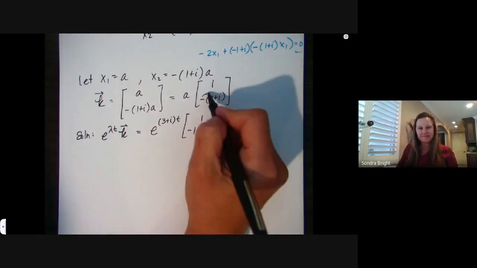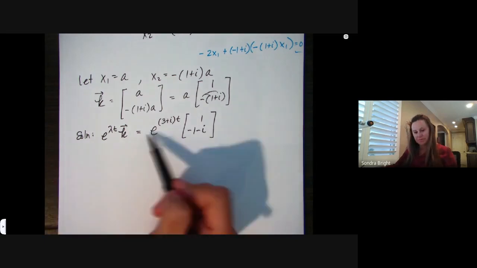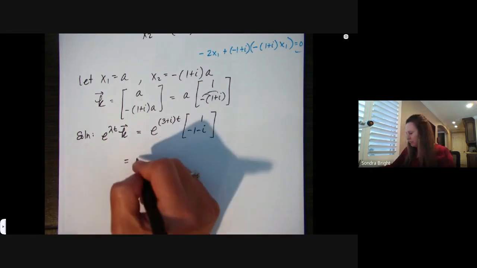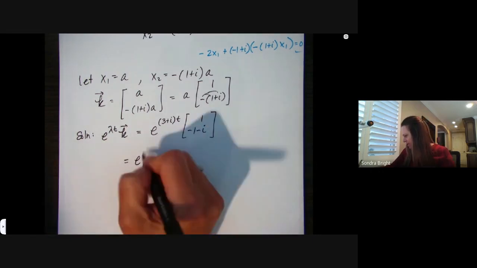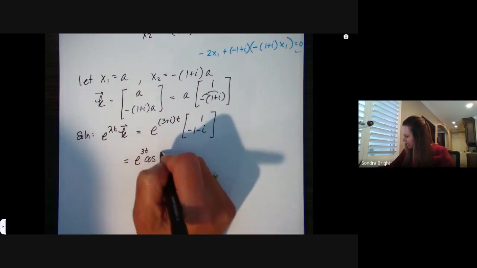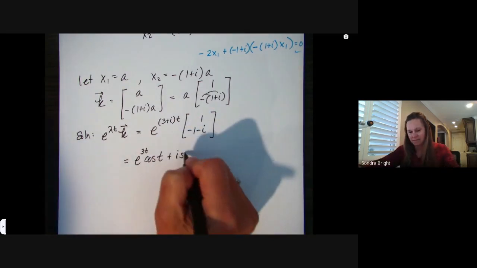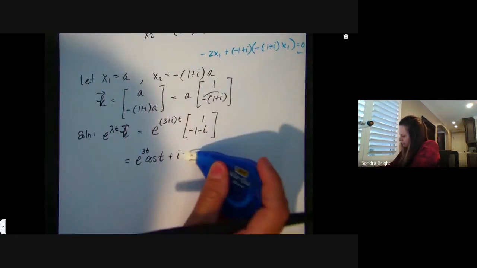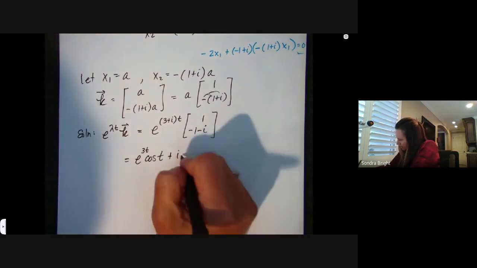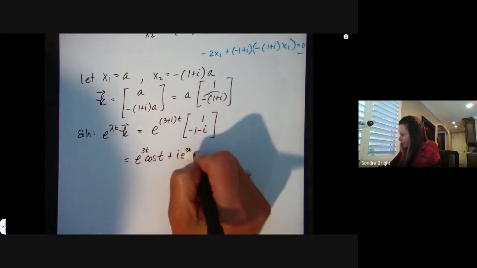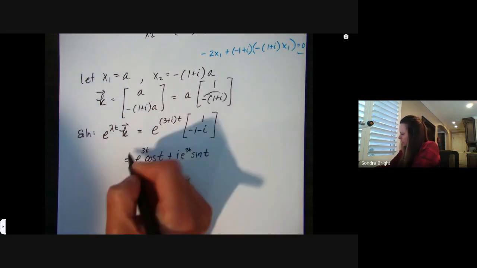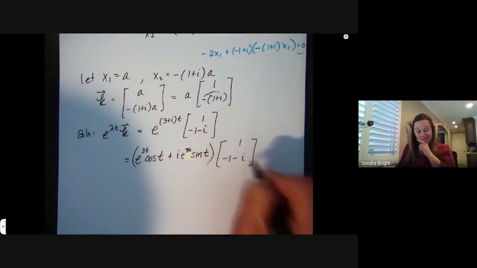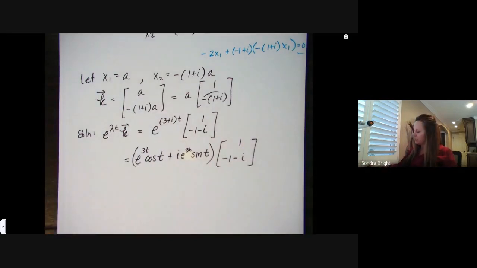And then remember, e to the (3 plus i)t is e to the 3t times (cosine of t plus i sine of t). We're going to multiply that times 1 and negative 1 minus i.